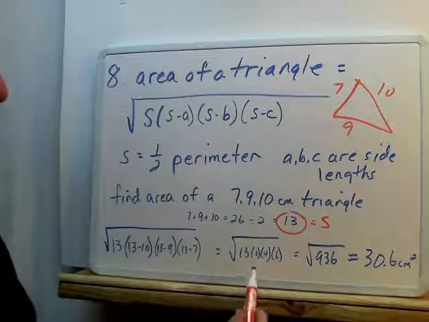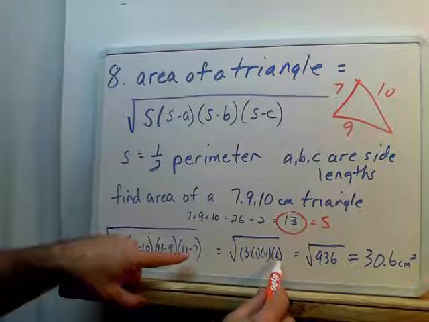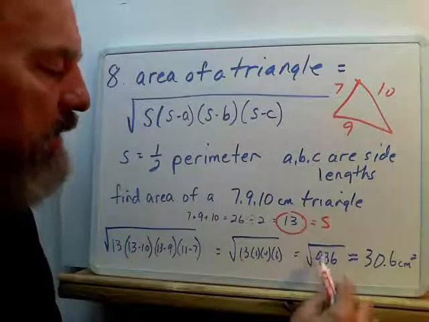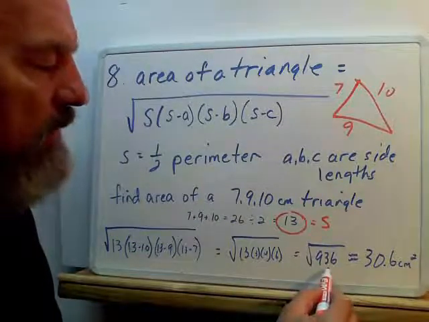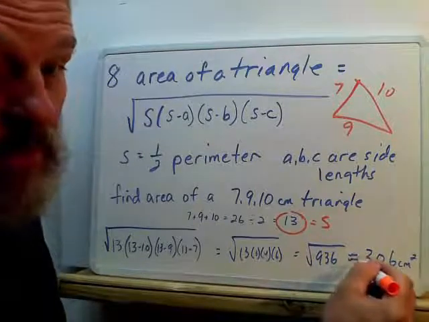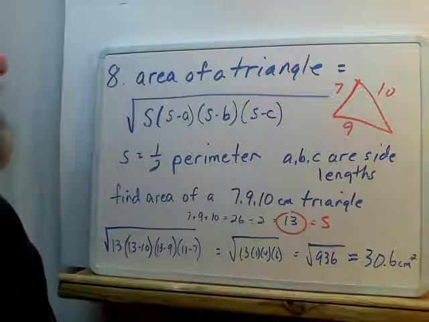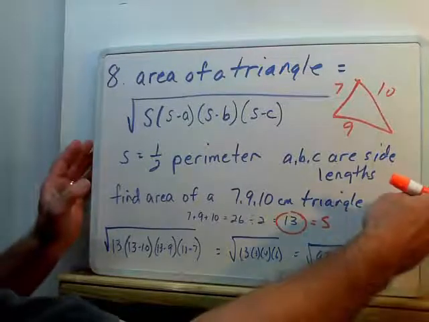So we have 13 times 3 times 4 times 6. Put that all in a calculator, and it is the square root of 936. The square root of 936 is approximately equal to, because we rounded this, 30 and 6/10 centimeters squared. Interesting problem.